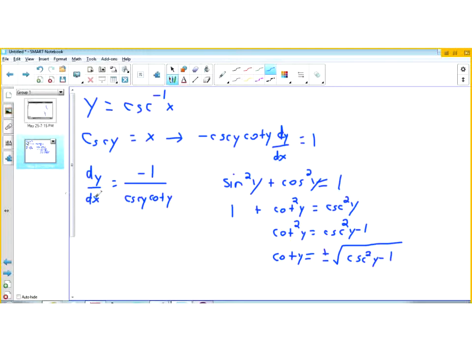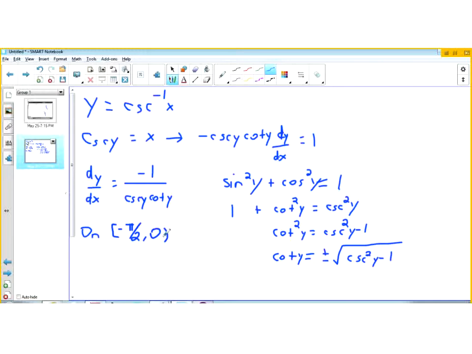So if you recall from the graph, the principal cosecant function, we're going to have a piecewise defined situation that we have to take care of. So if we consider the interval -π/2 to 0.